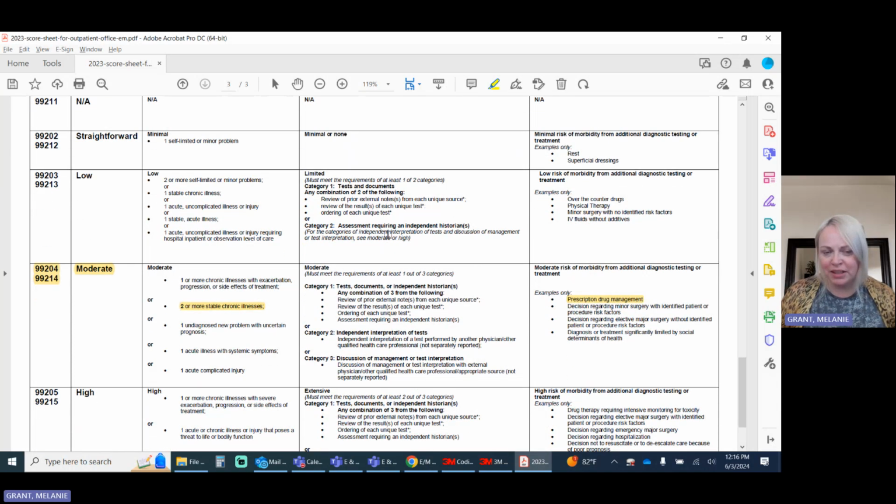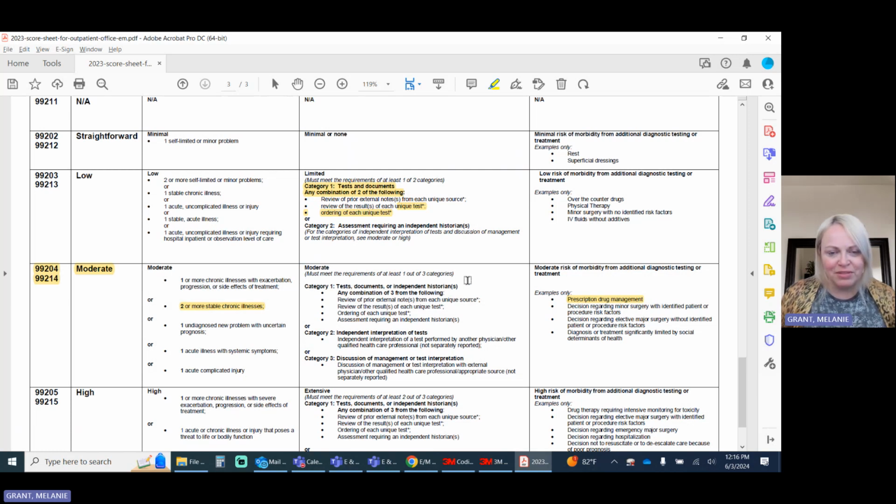Now we can come in here and we can say ordering of each unique test. There's a metabolic panel and an A1C, and so that does meet a category 1 here. When we come down to category 1 under moderate, we have to have a total of 3. So we only had 2. So we did not meet 3 here. So we cannot say it's a category 1.